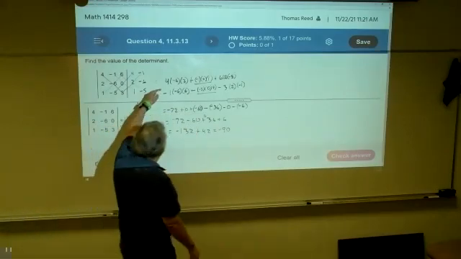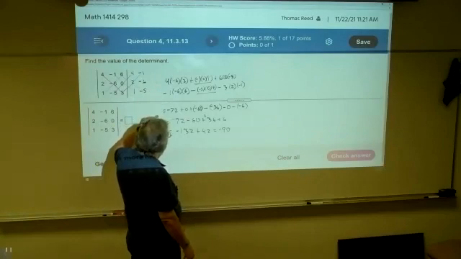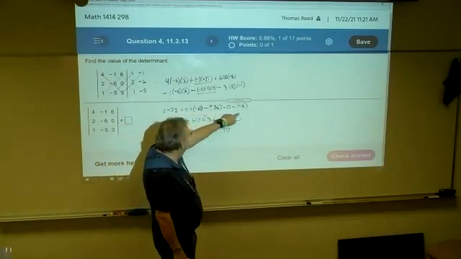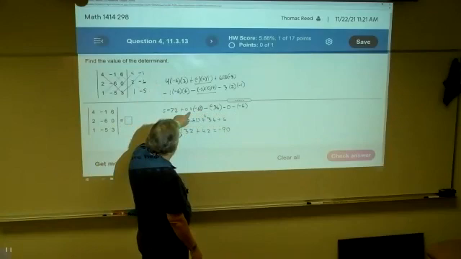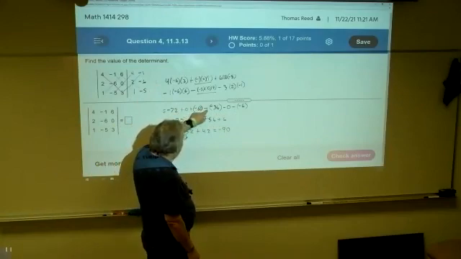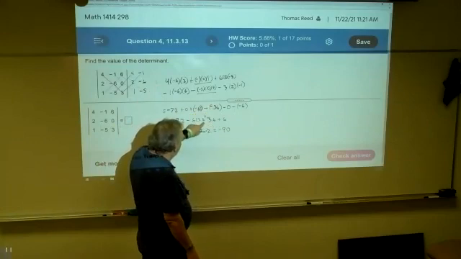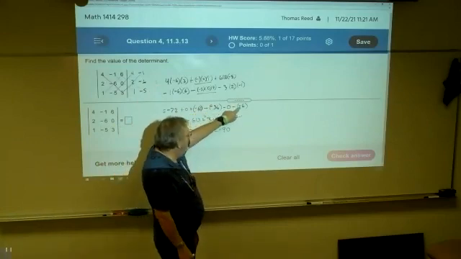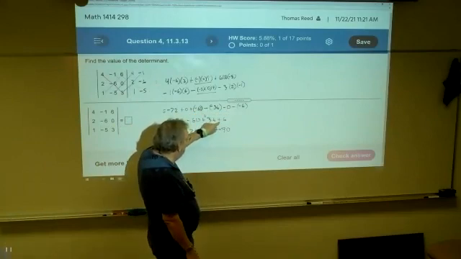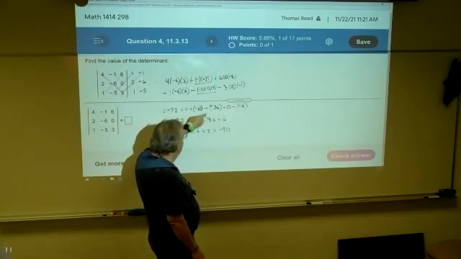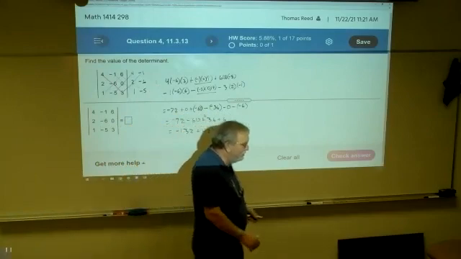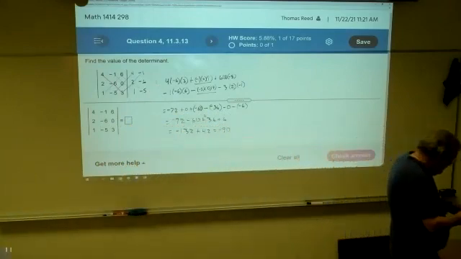Now, from this step to this step, I could have skipped this middle step, seeing that I'm adding a negative 60 as a minus 60 and seeing that I'm subtracting a negative 36, I could have just written it as a plus 36. And the minus a negative 6, I could have just written as plus 6 and just not written the plus and minus 0 because they're not going to affect my answer.